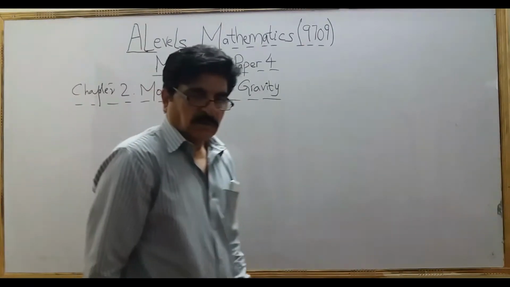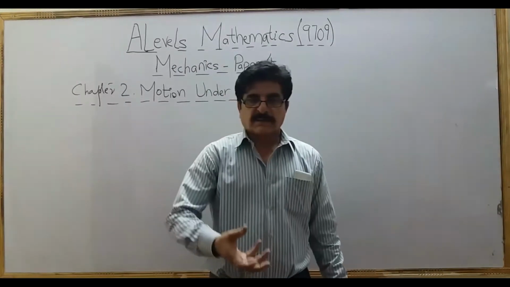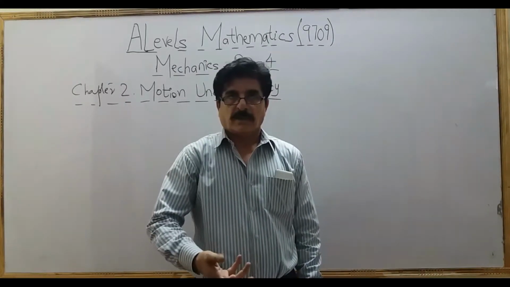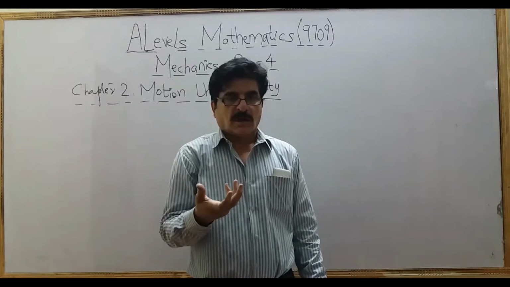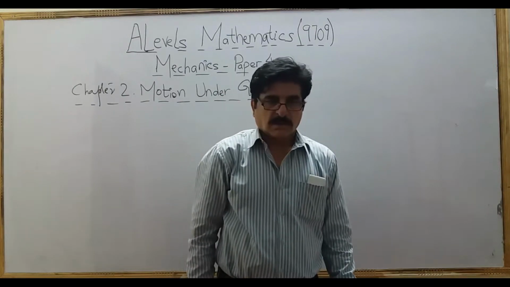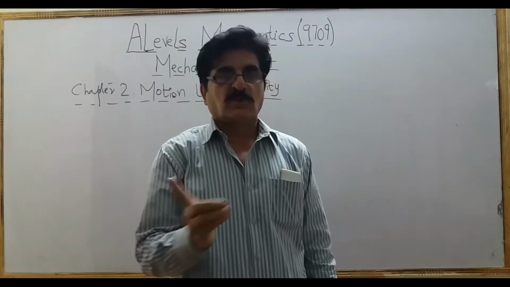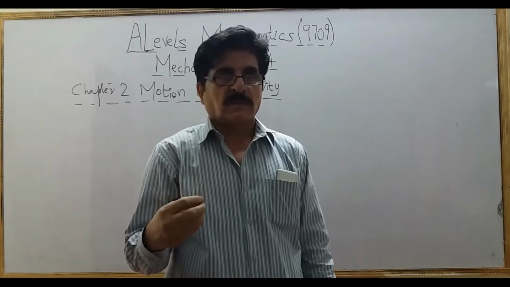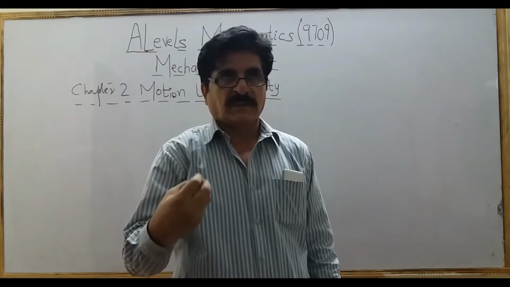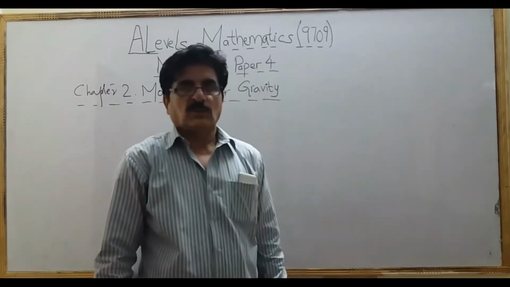Now, you know that when a particle is thrown upward or when it is dropped from a height, if the air resistance is neglected, no air resistance means ignorable, very small value of air resistance exists, then we ignore it.